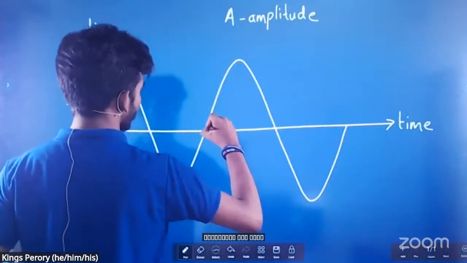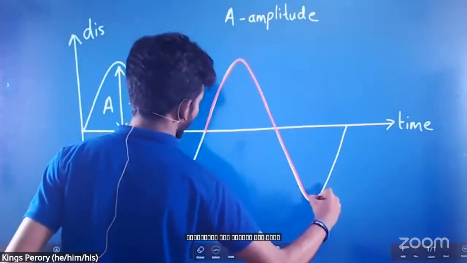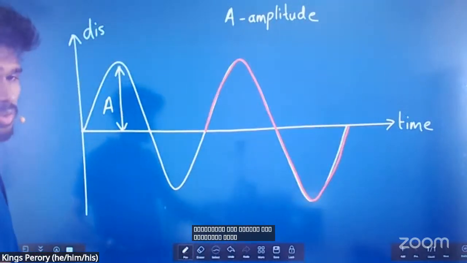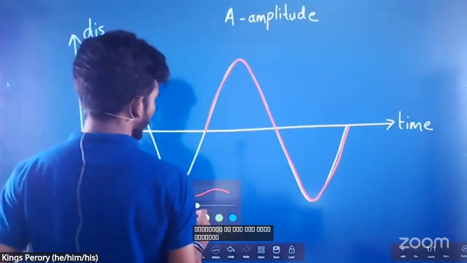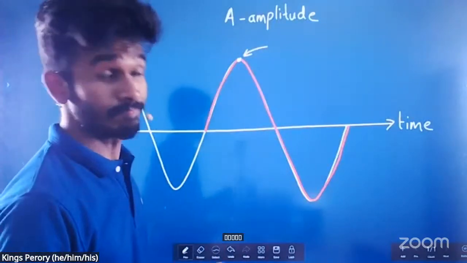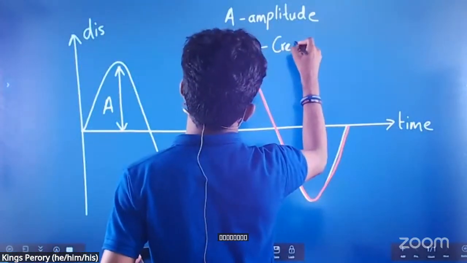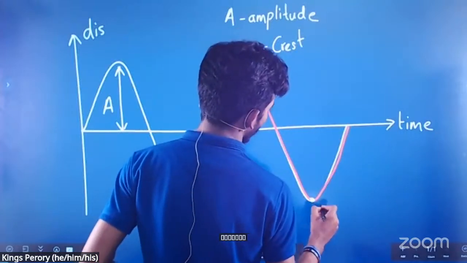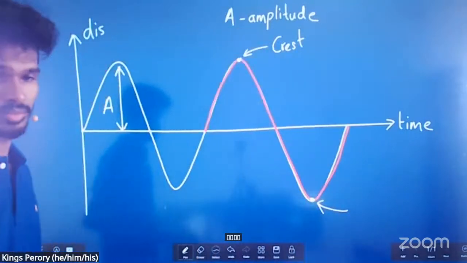This is one single wave. The maximum point in a wave is the crest. The minimum point in a wave is the trough.